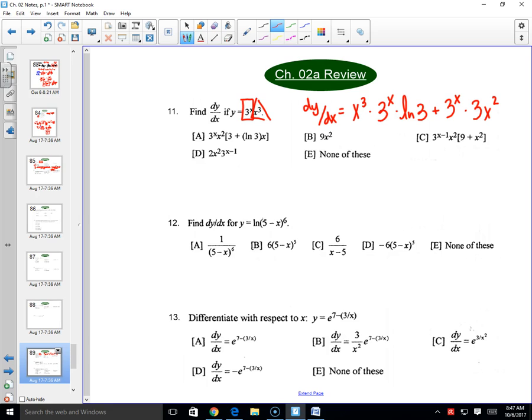None of the answers even look similar. Is there anything in common? Yes, there's a 3 to the x. You can definitely pull that out. What else is in common? It's the x squared. So I'm going to have an x left and an ln of 3, and I'm going to have a 3 left.